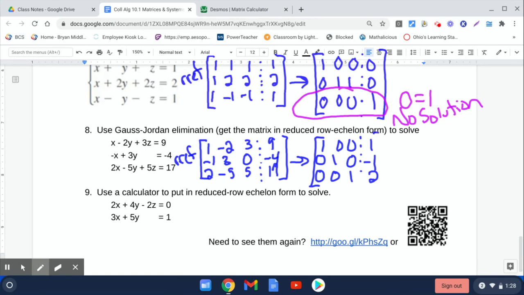All right, so that top row is telling us that 1x plus 0y plus 0z equals 1. Second row is telling us that 1y equals -1, and the third row is telling us that 1z equals 2.